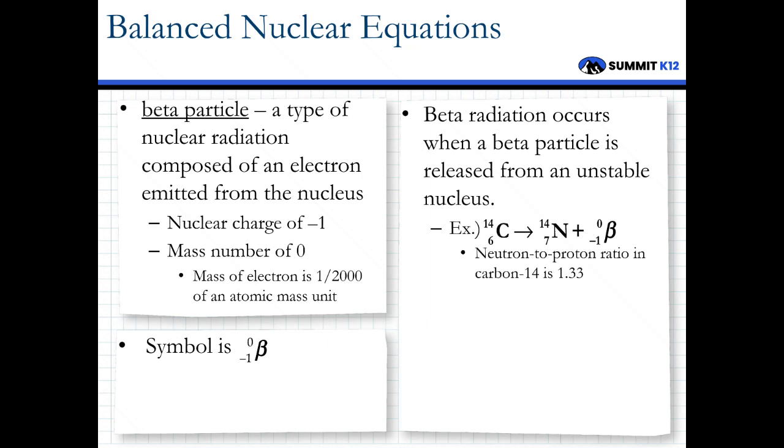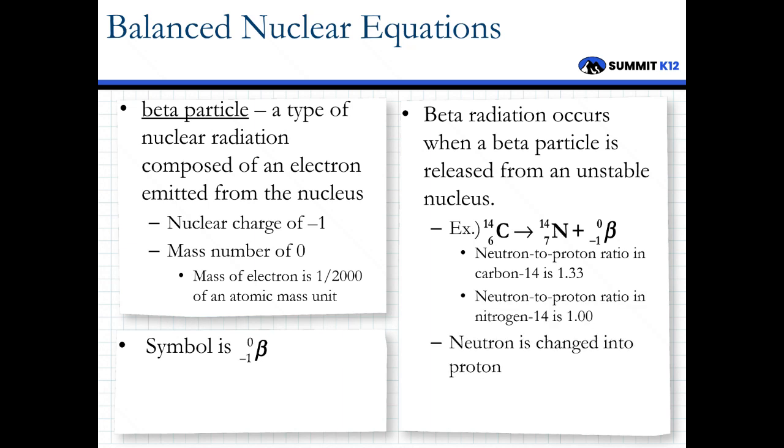Notice how the neutron to proton ratio for carbon-14 gives a value of 1.33, while nitrogen-14 gives a value of 1. Beta decay is a process that takes a neutron in a carbon atom and changes it to a proton, releasing that beta particle as a byproduct.